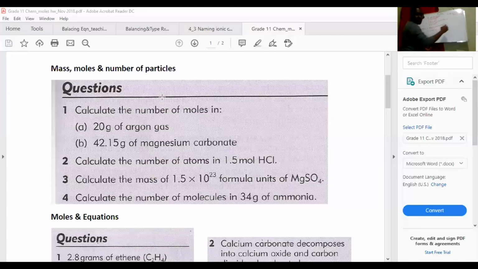The compound is magnesium sulfate. So magnesium is 24 plus sulfur, which is 32, plus 16 times 4 oxygen.